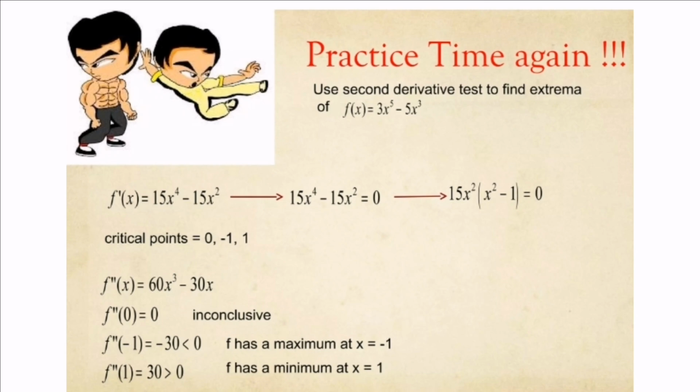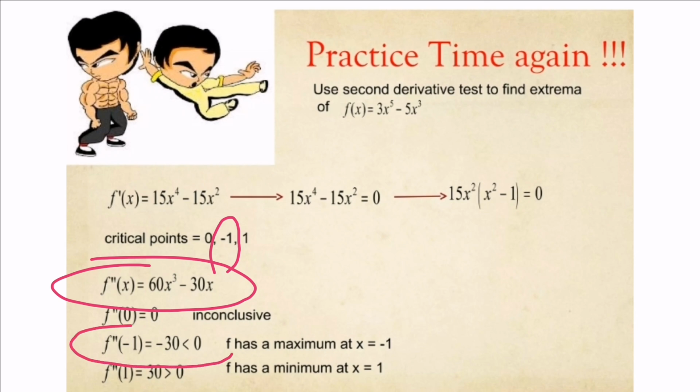The test is inconclusive. Now if we substitute the second critical point x equal to minus 1 in the second derivative, we get minus 30. Clearly minus 30 is less than 0, so f has maxima at x equal to minus 1.